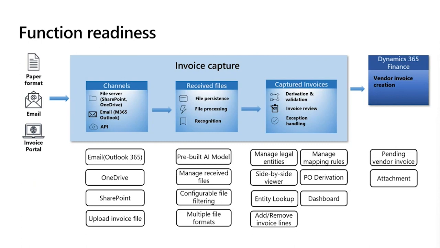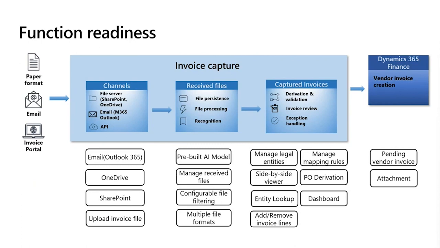During the setup phase, based on the company's specific requirements, the system admin will define the channels of different connections. Then under the hood, it will create and activate the Power Automate flow. This flow will monitor and extract the invoice document from different channels.